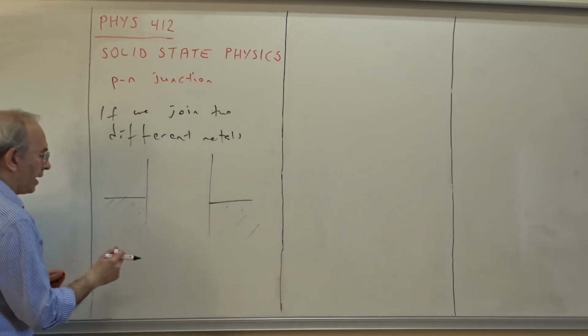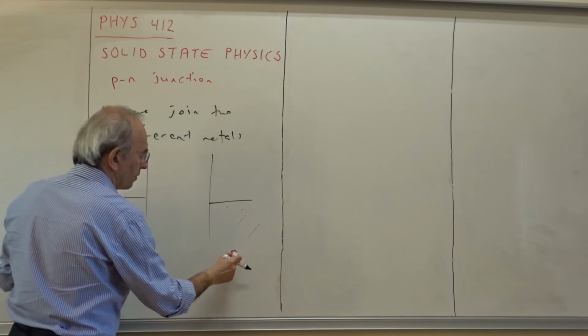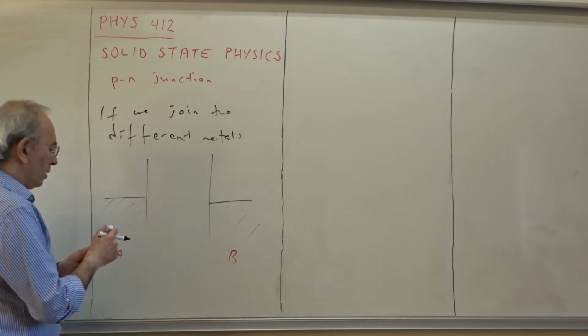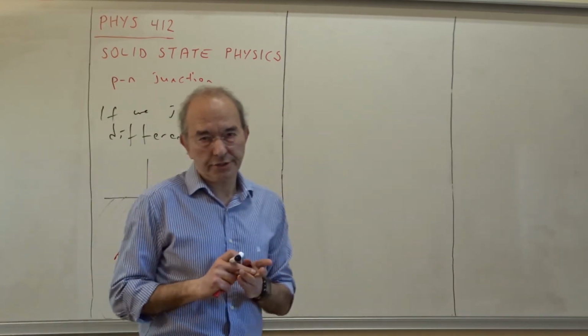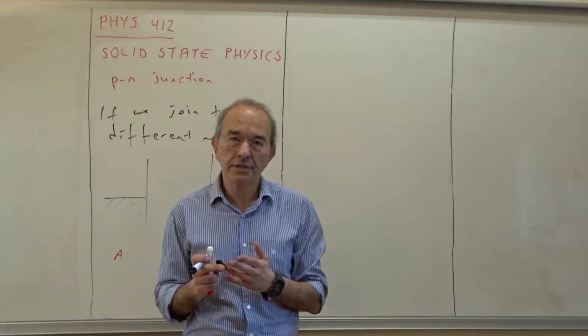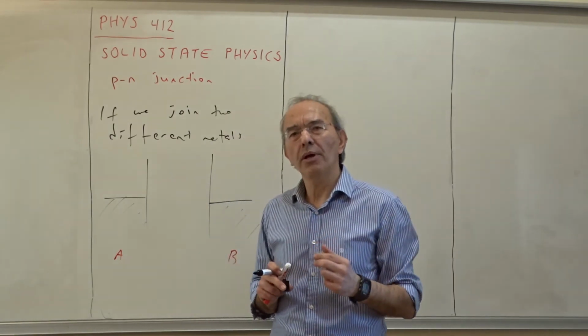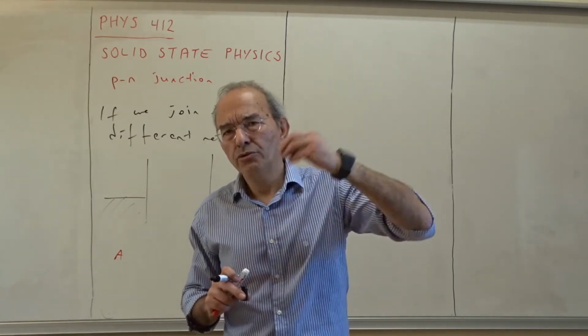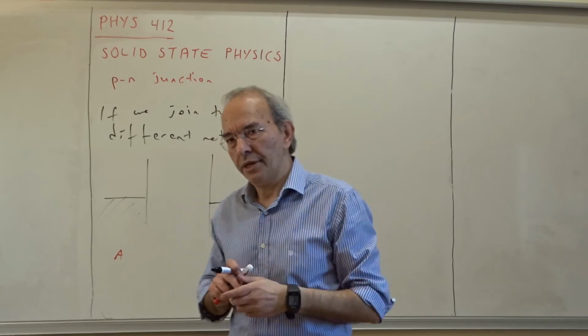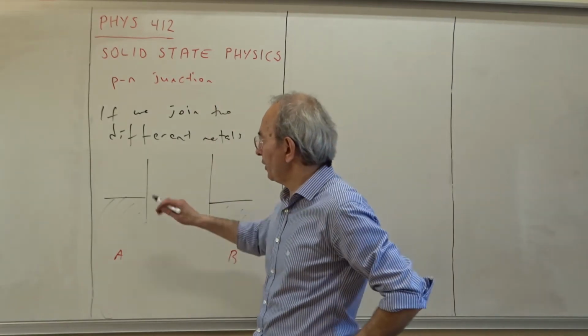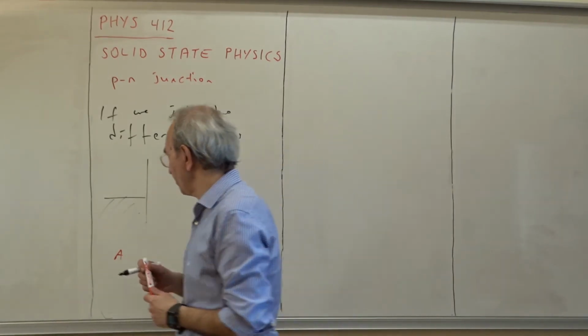This is metal A, that is metal B, but they have different work functions. What's the work function? It is the minimum amount of energy necessary to detach an electron from the system.